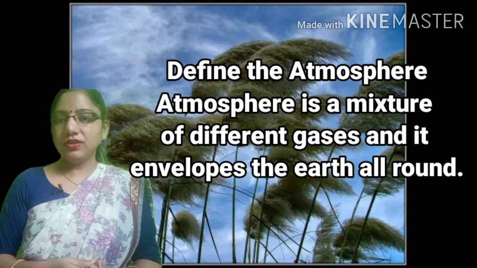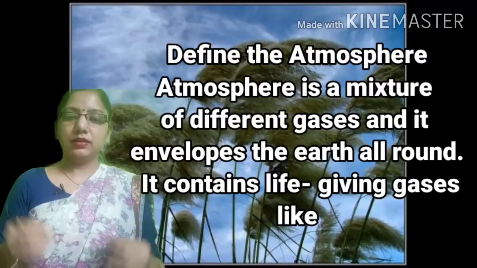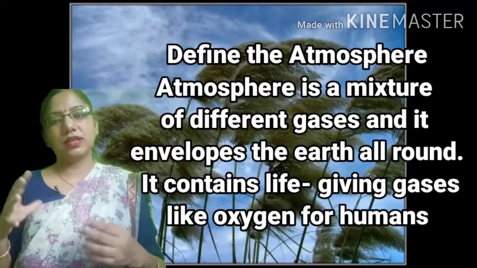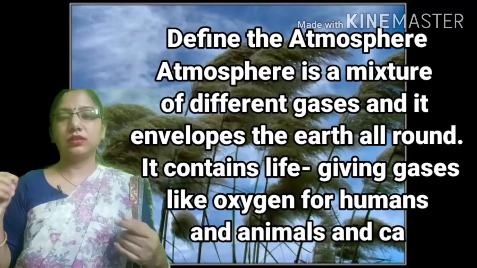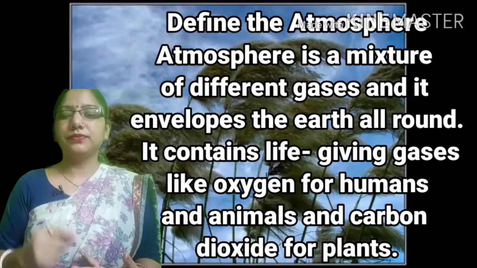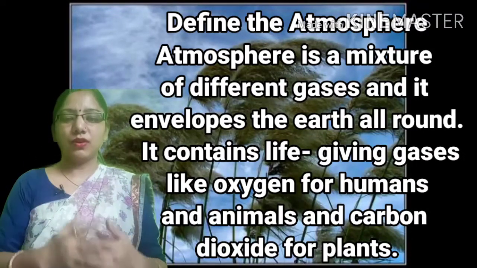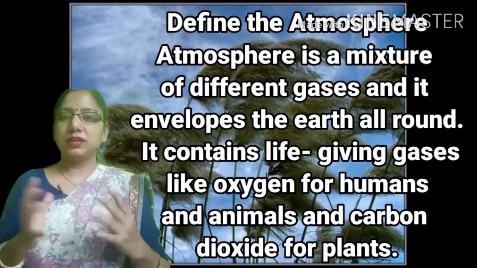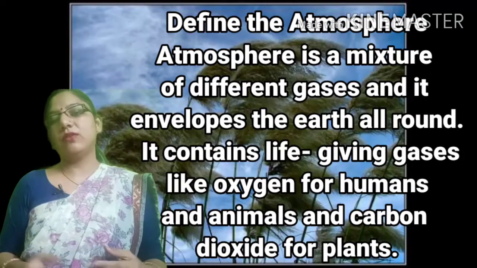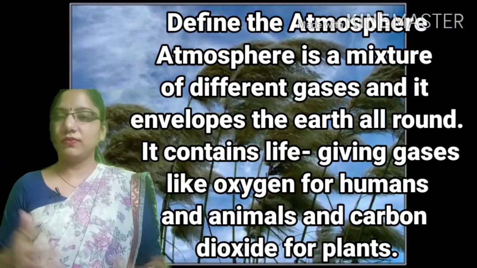In a proper definition, we can say that the envelope of air that completely surrounds the earth is called the atmosphere, and it is a very significant component of the biospheric ecosystem, as without the atmosphere we can't imagine life on our earth.